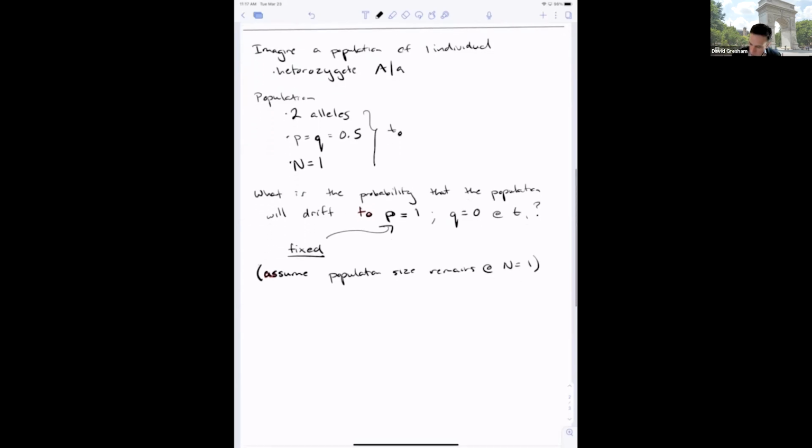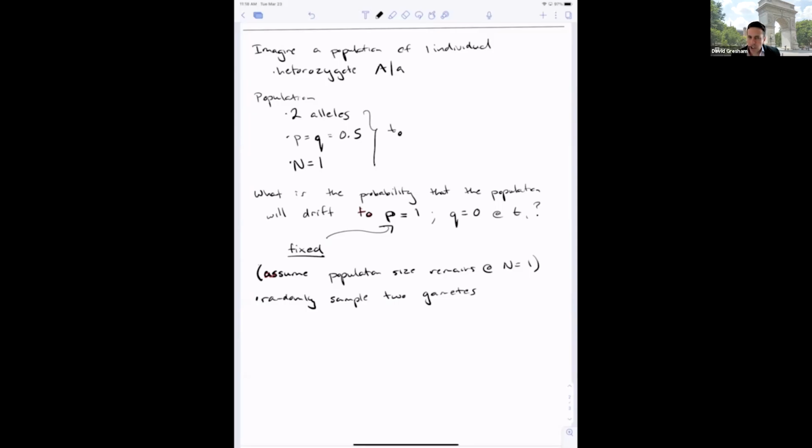And so let's consider, what is the probability that the population allele frequency is going to drift through the process of random sampling to fixation, to an allele frequency of 1? Well, to make our one individual in our next generation, we have to randomly sample 2 gametes from our current population.